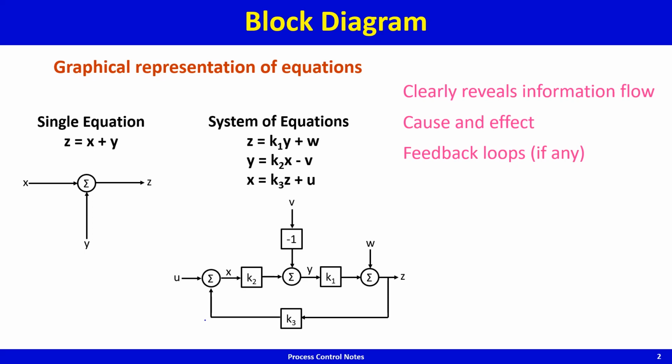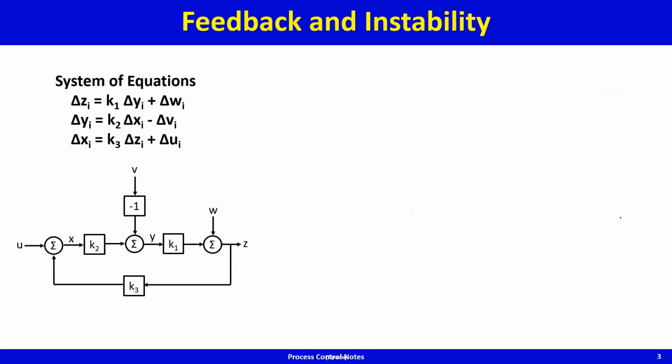And why are feedback loops important? Feedback loops are important because feedback can cause instability. And just to show you this, I've discretized the system of equations by putting an index i.